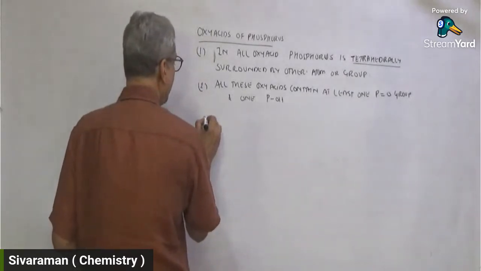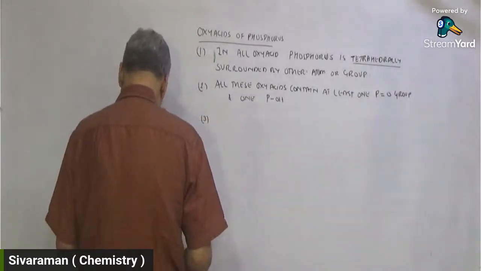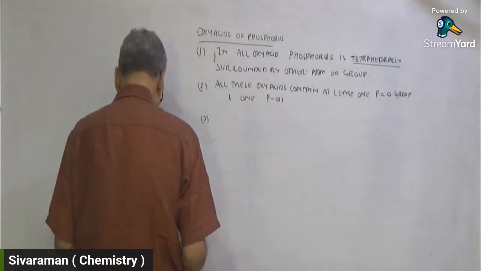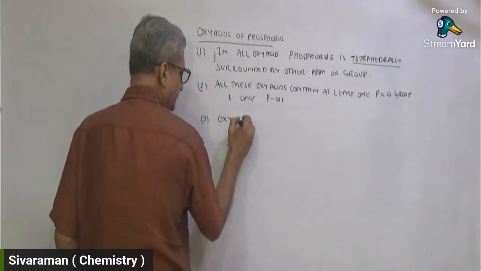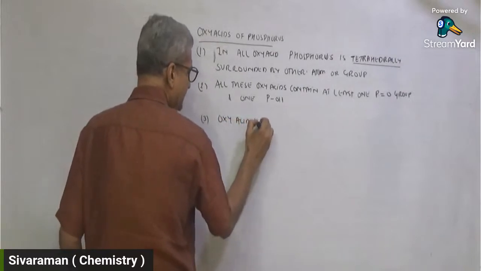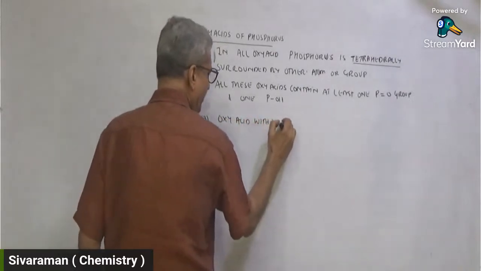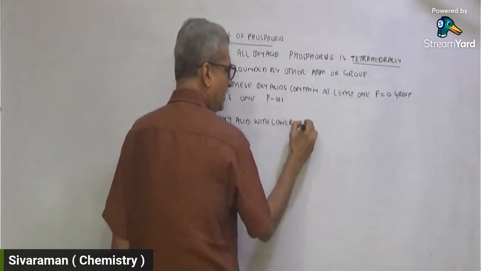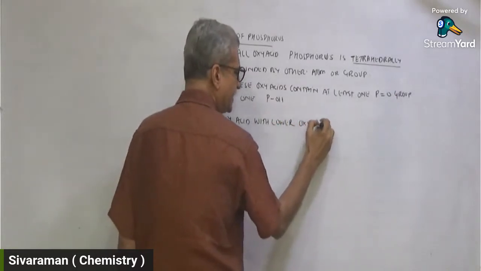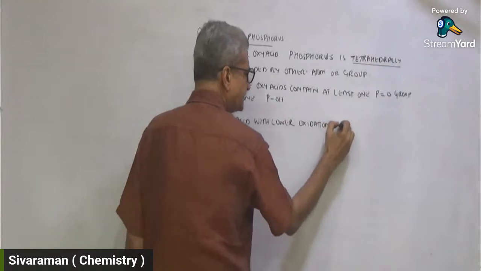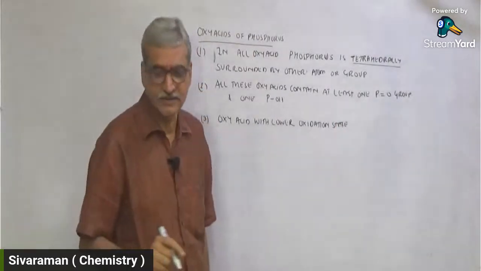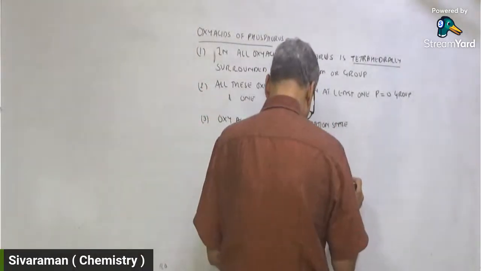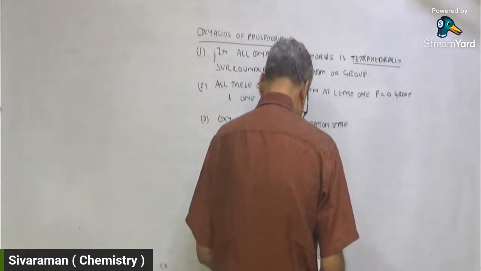Now the third one, these are general characteristics. The third one is oxyacids with lower oxidation state. What is the criteria for lower oxidation state? Less than plus 5.